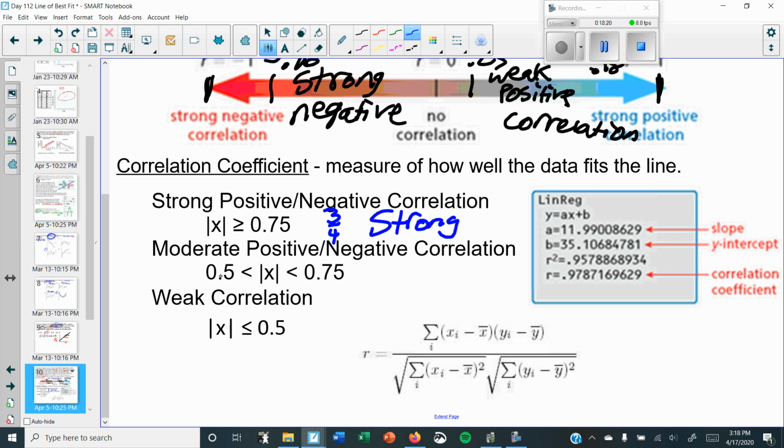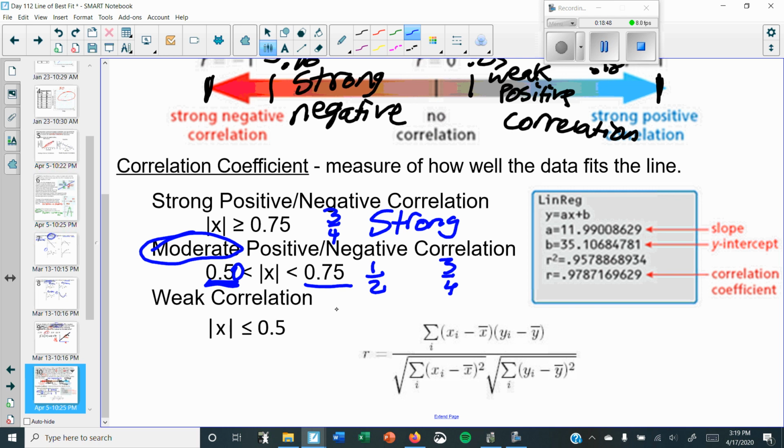If it's between half, which is 0.50, and 3/4, so between 50 cents and 75 cents, and again, this has nothing to do with money, but money seems to help us, we call it a moderate correlation. So if the correlation coefficient was 0.62, that's between 0.50 and 0.75, then you would say it's a moderate correlation.